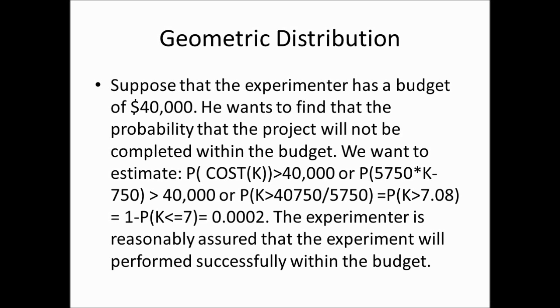Whenever you have a greater-than probability, you convert it into the complement in terms of a less-than probability, because you can use a table lookup function. So this probability is given by 1 minus the probability that k is less than or equal to 7, and using the probability mass function of geometric distribution and a value of p of 0.3, this probability comes out to be 0.0002, a very low probability.